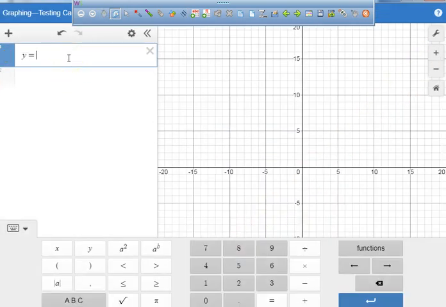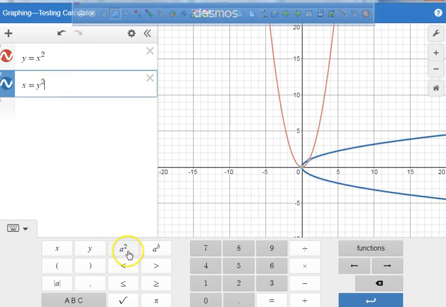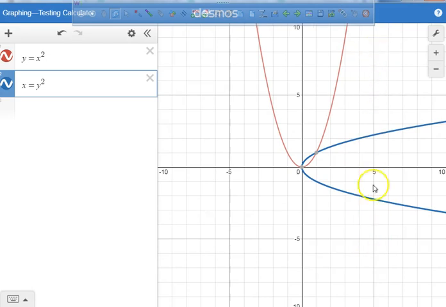All right, so let's take a look at this real quick. We've got a quadratic function. It's not invertible because if you put x equals y squared, you can see that its inverse, if I swap the x's and y's, is not a function because it doesn't pass what's called the vertical line test, and you've probably heard of the vertical line test before.